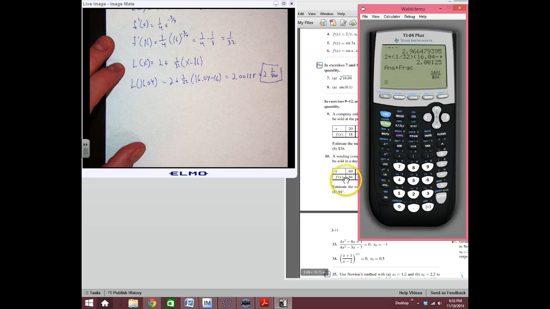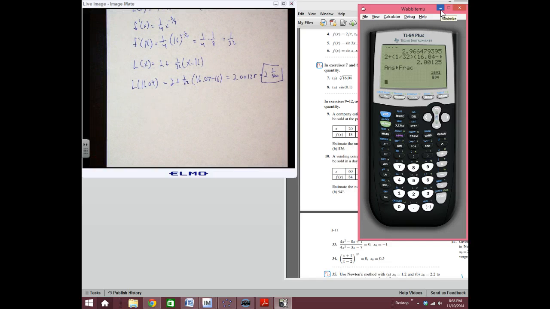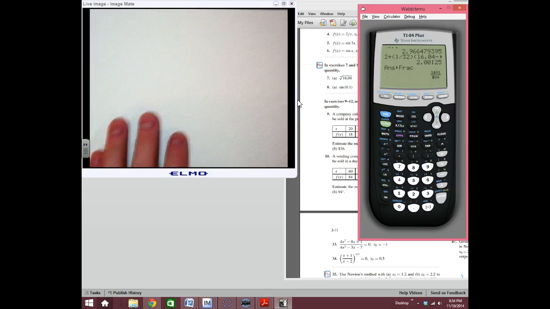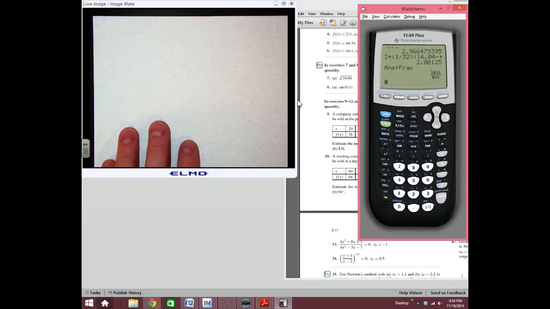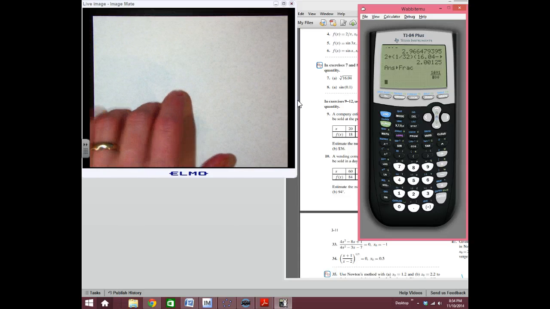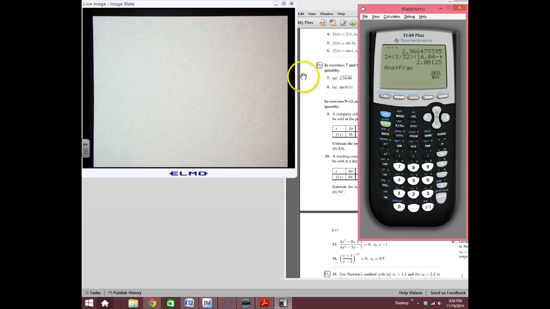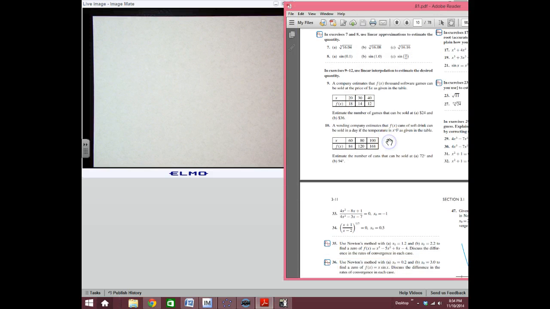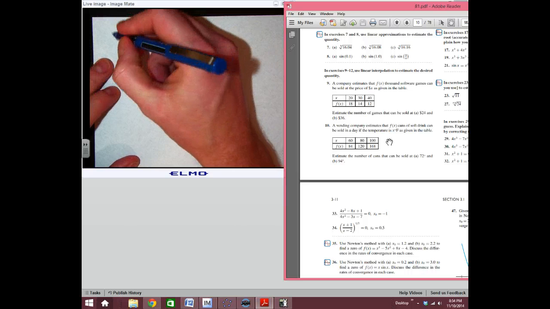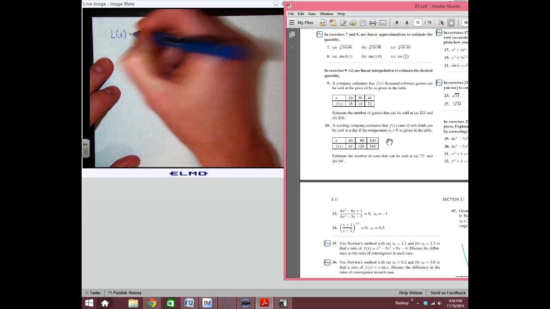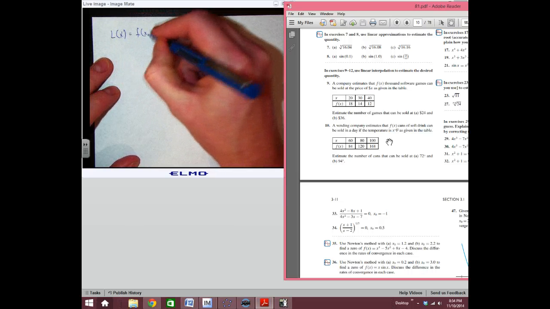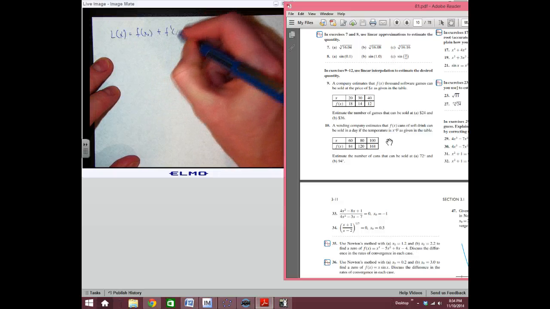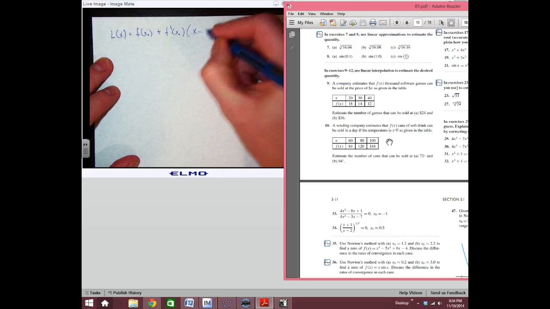Now, the next problem I'm going to look at is problem number 10. Problem number 10 isn't terribly difficult, but the issue you ran into, for those of you that got it wrong on the homework, was that you used really the wrong slope. For number 10, we're still going to use L of x equals f of x naught plus f prime of x naught times x minus x naught.